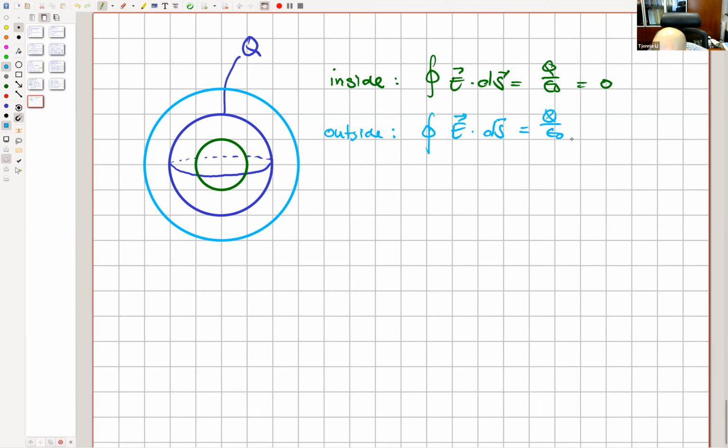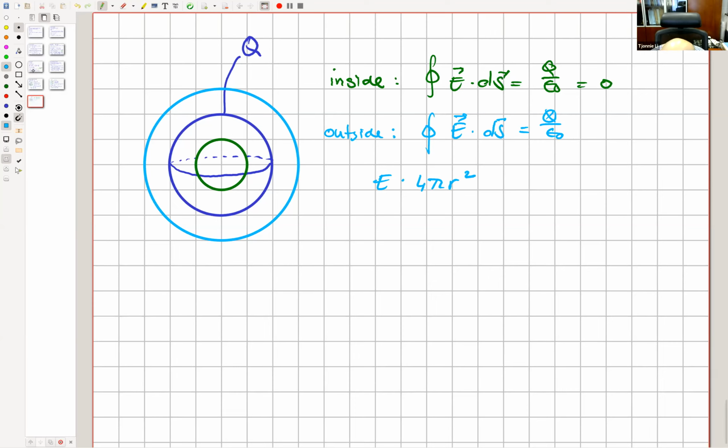And so I can evaluate both sides. The left side is just E times 4 pi r squared, and I can get rid of the arrow over here because the surface and E are parallel to each other.